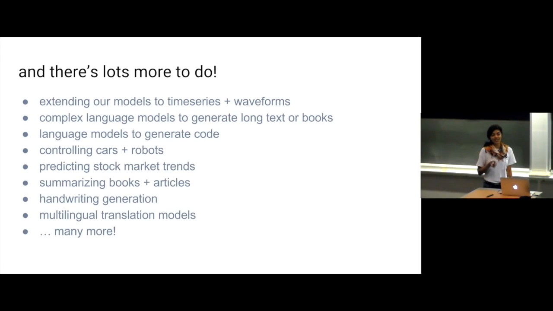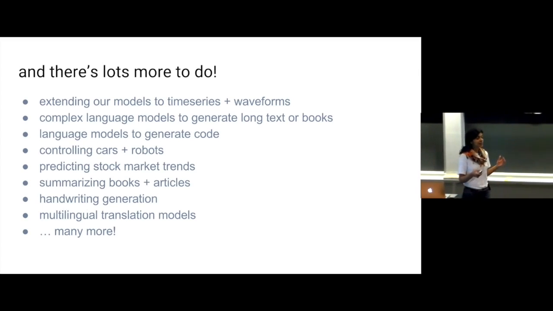So there's lots more to do with recurrent neural networks. There are tons of applications extending these models from just modeling sentences to things like time series, waveforms, complex language models to generate not just a sentence, but even a book. Models to generate code, controlling cars and robots.